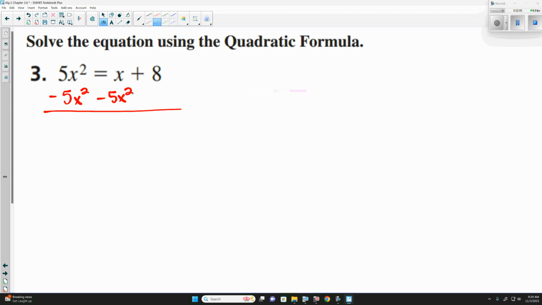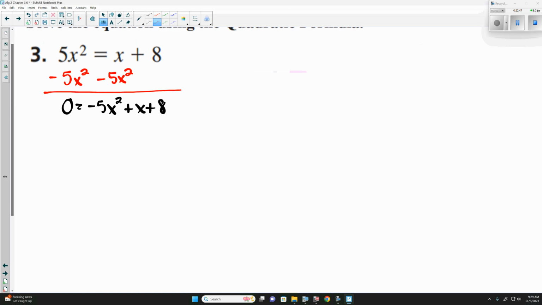We could also have subtracted the x and subtracted the 8. Either way works, because the main thing is we want this equal to 0. A is, B is, C is 8.